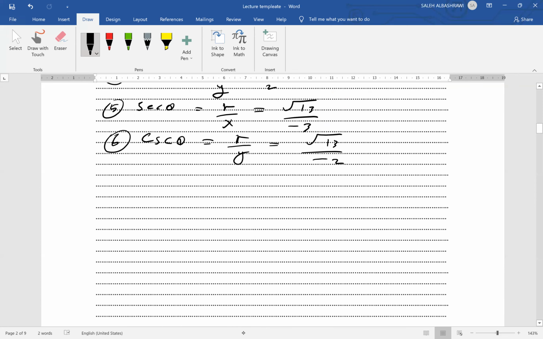As we did in the last part, we have special angles, which were the 45, 60, and 30. In this section, we are going to speak about the quadrantal angles.